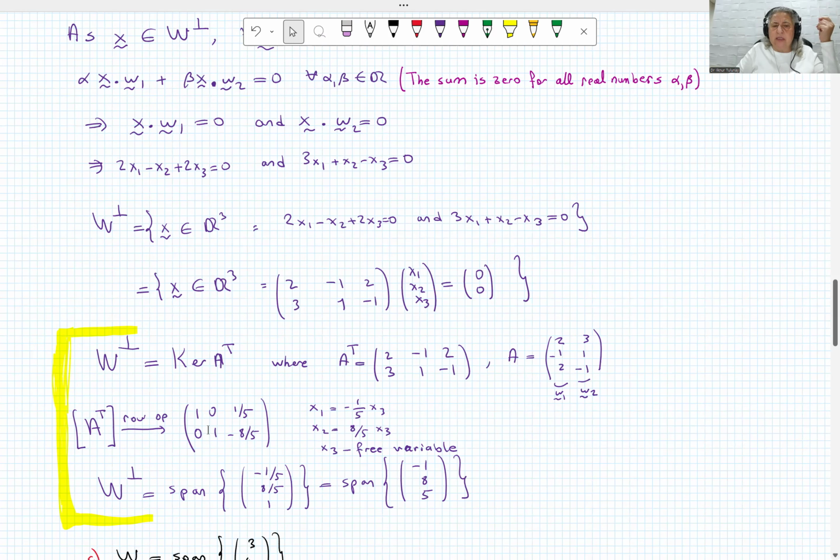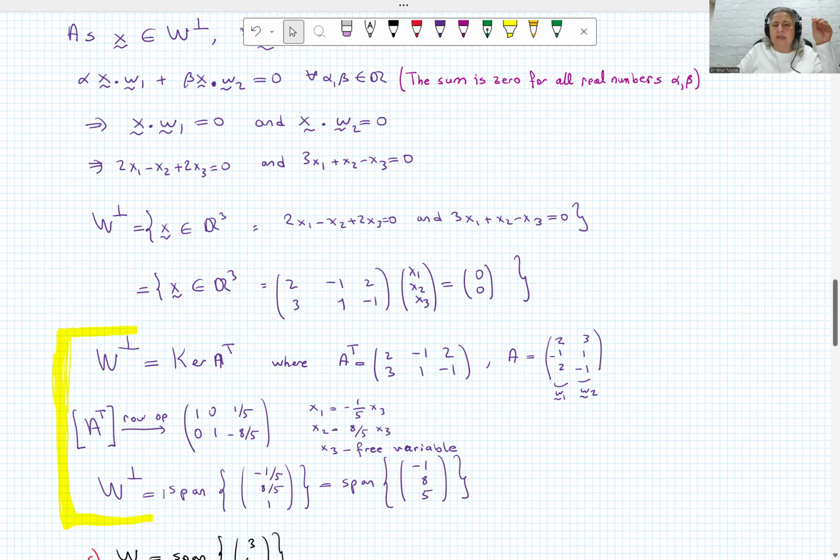0 x1 plus 1 x2 minus 8/5 x3 is equal to 0 gives you x2 equals 8/5 x3. x3 is a free variable, so the dimension of the orthogonal complement is 1, and it is spanned by (-1/5, 8/5, 1).